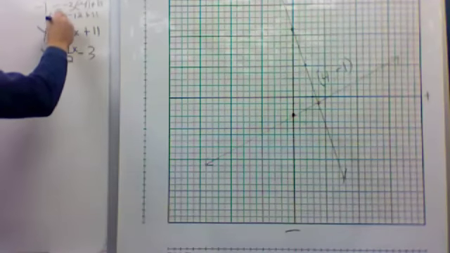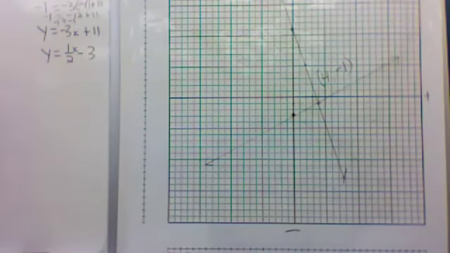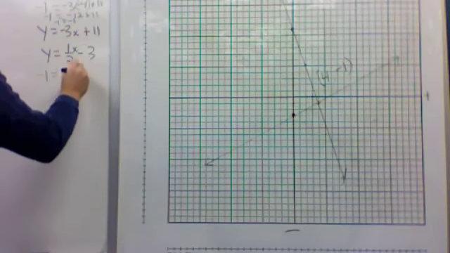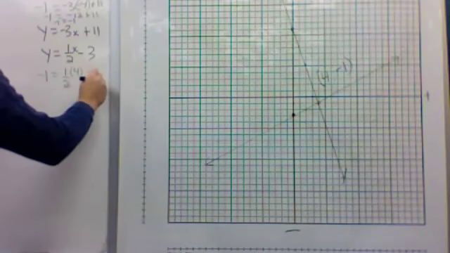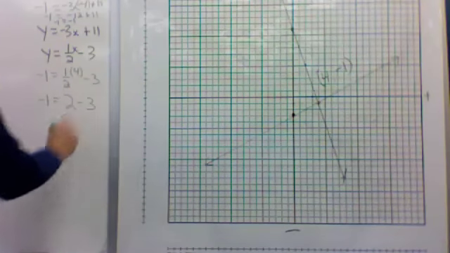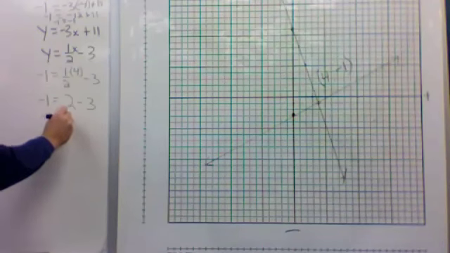In the other one, we have -1 is equal to 1/2 times 4 minus 3. So we get -1 is equal to 2 minus 3. And therefore we get -1 is equal to -1.